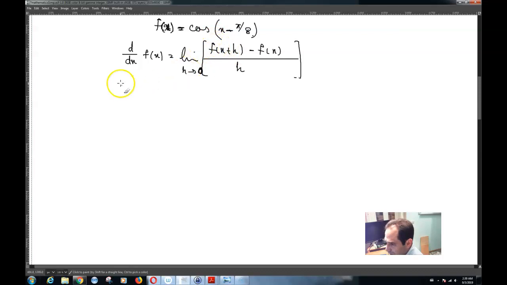So over here, f of x plus h is equal to cos of x plus h minus pi by 8.